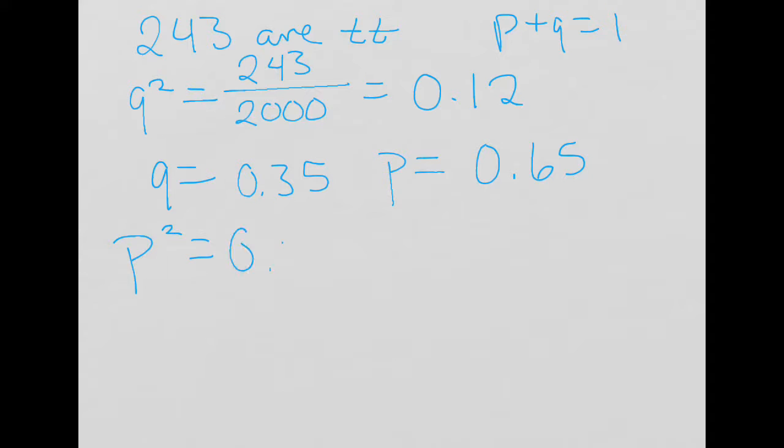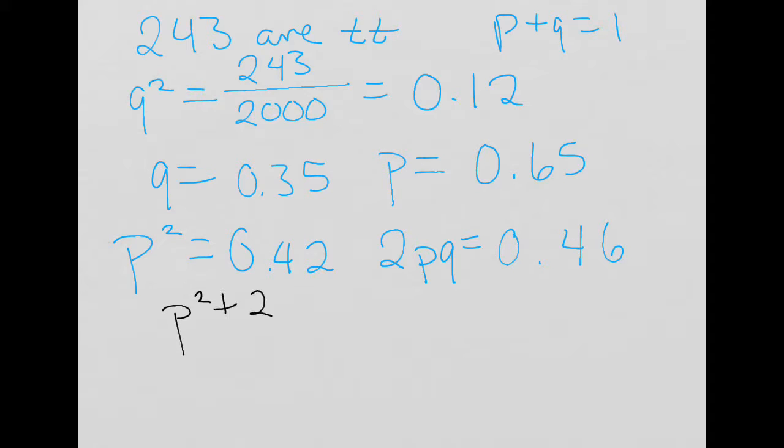That's going to be about 0.42, and then 2PQ is 2 times P times Q, which is 2 times 0.65 times 0.35, and that is about 0.46-ish rounded.